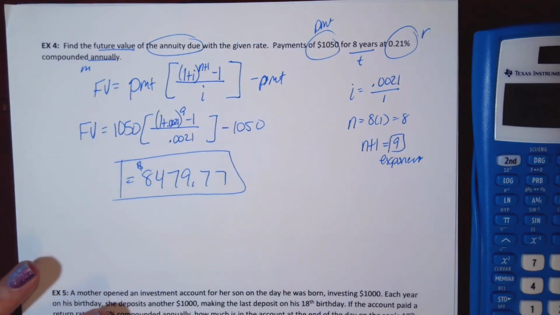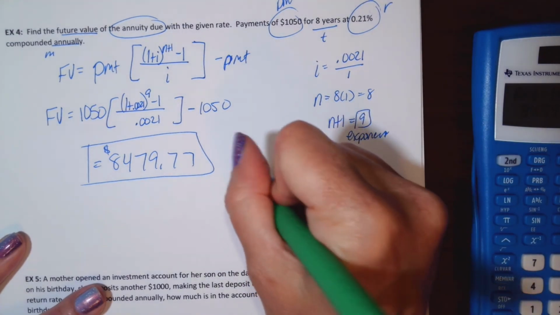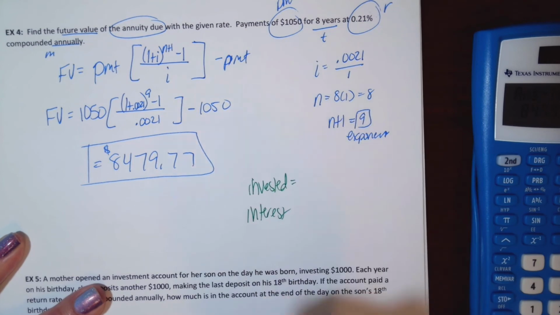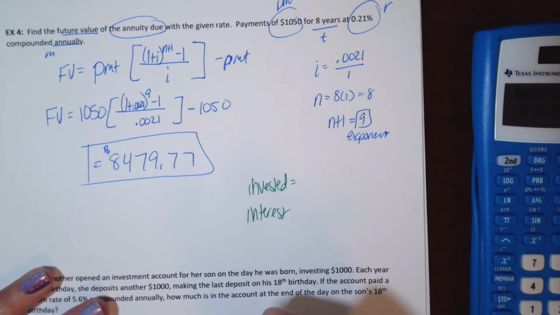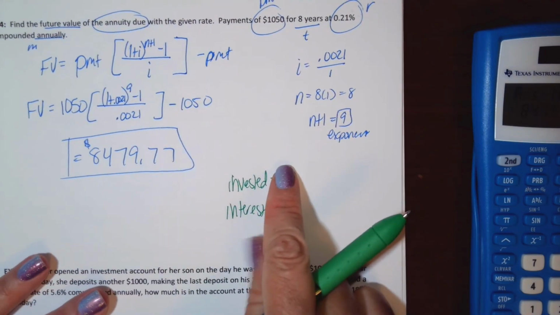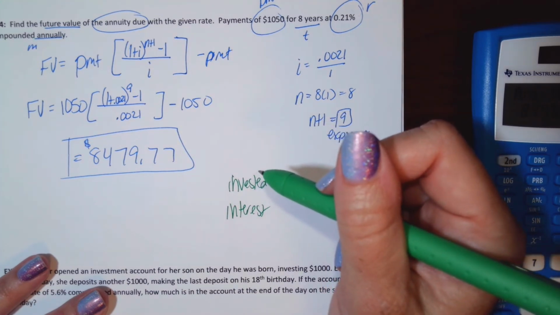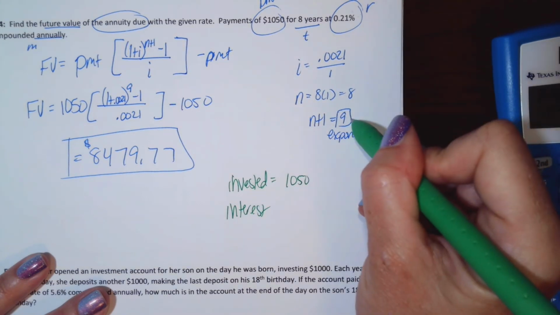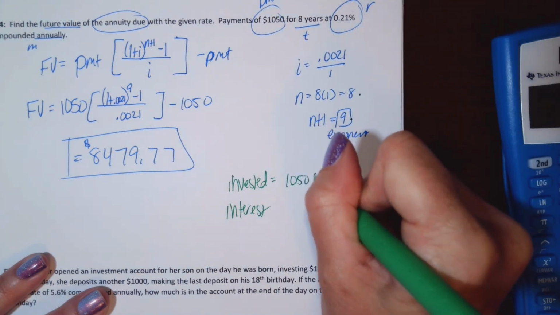Out of that, how much did they pay in, how much was invested, and how much was interest? Well, because we ended up subtracting that payment at the end, we don't use 9 as the number of payments. You use 8 as the number of payments.